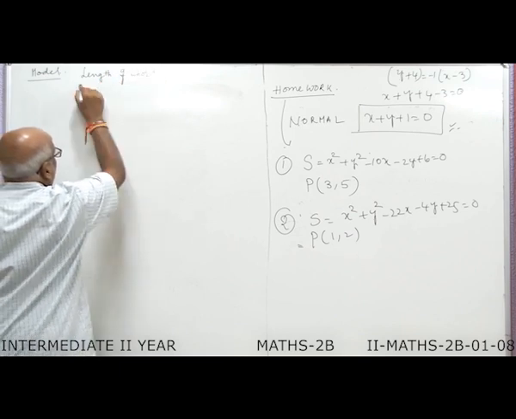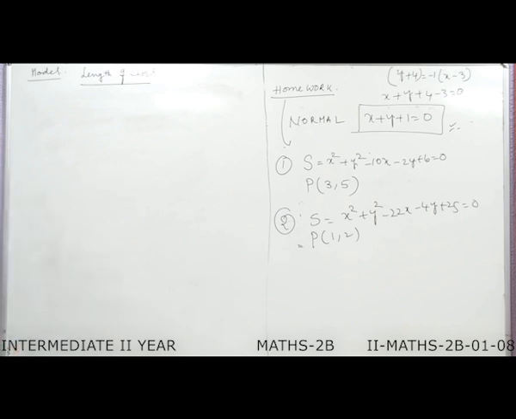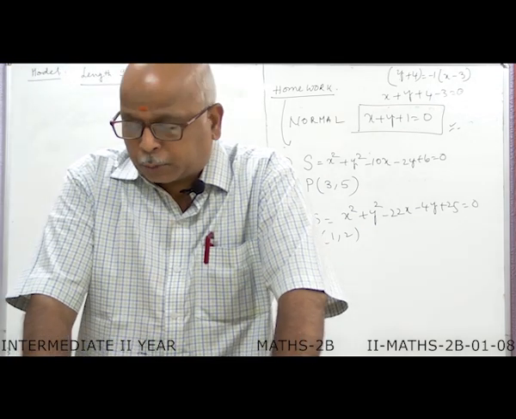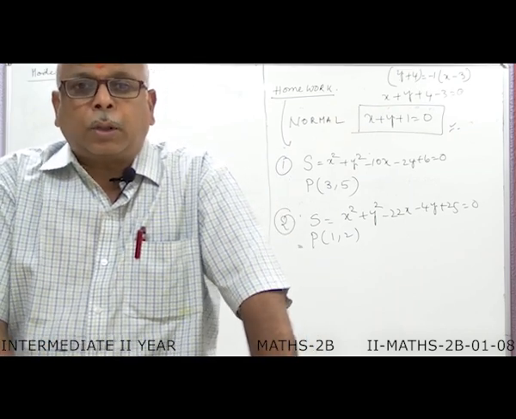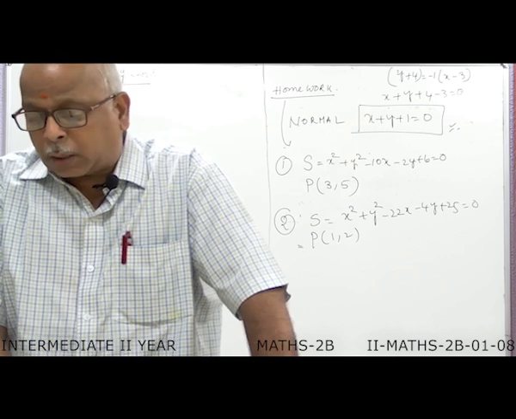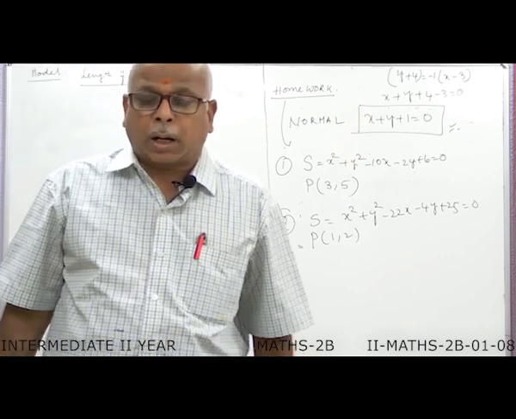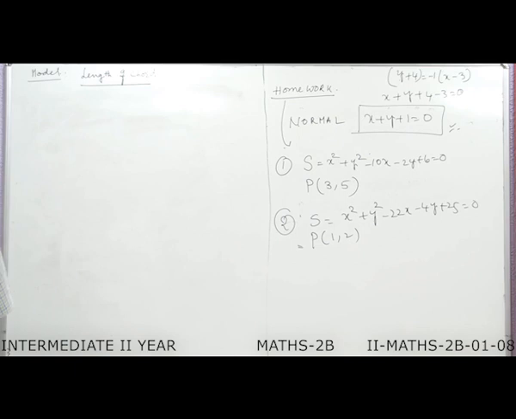Length of chord. Next model is length of chord of the circle. Here in this, the circle equation will be given to you. Sometimes the chord equation also will be given to you. Then we have to find the length of that particular chord. Then how to find it?